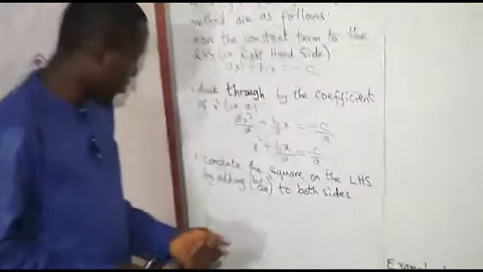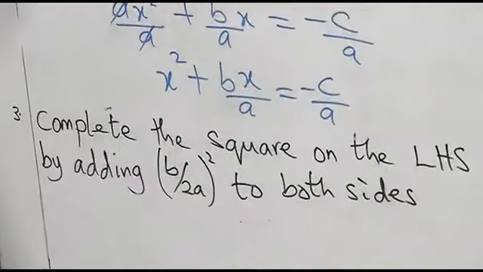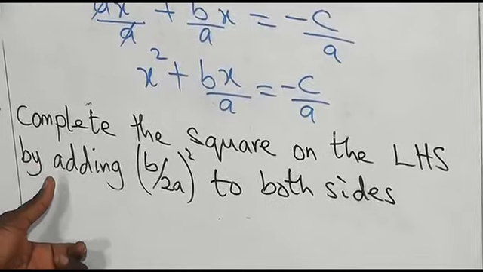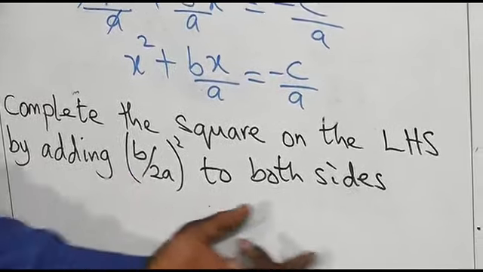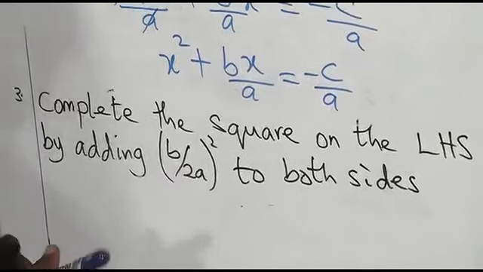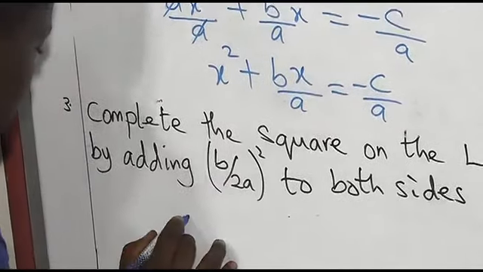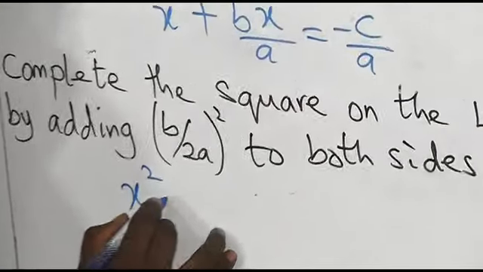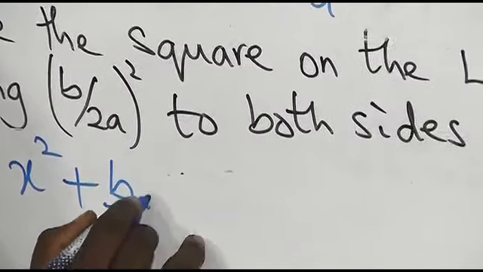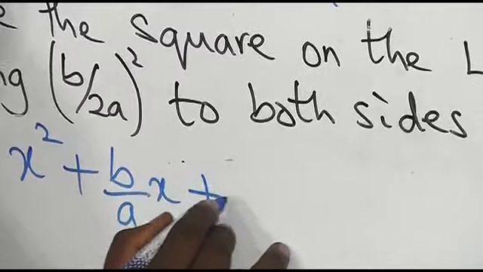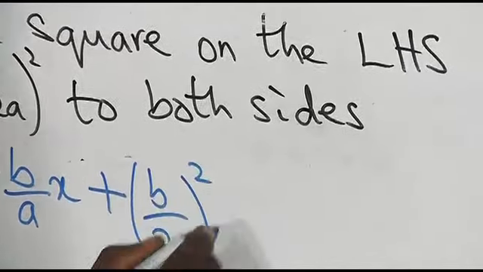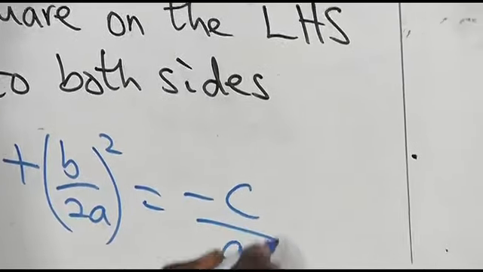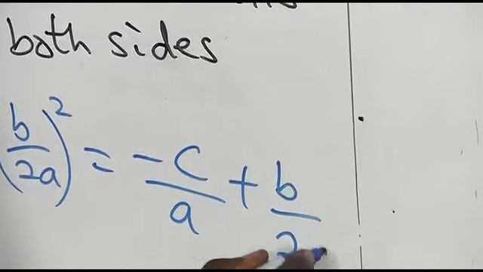Through with step 2, we complete the square on the left hand side by adding b over 2a all squared to both sides. So you have x squared plus b over a x plus b over 2a all squared equals minus c over a plus b over 2a all squared.